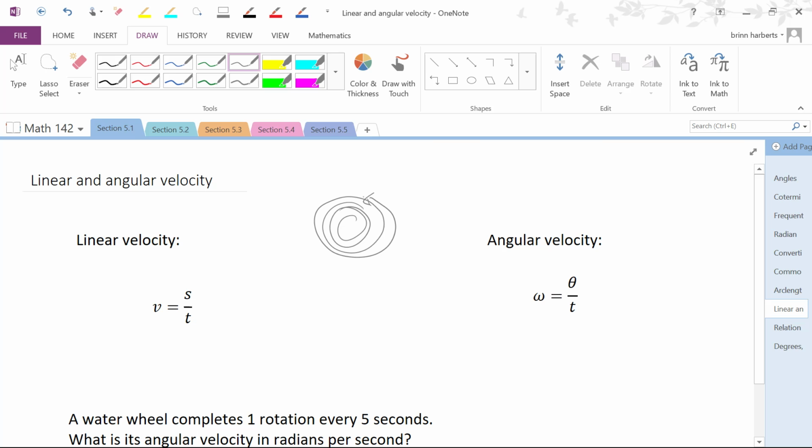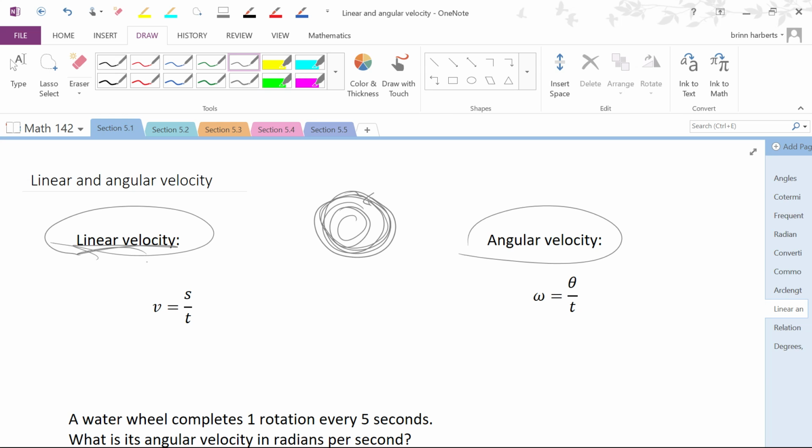Also, I can think about the fact that rotational velocity can be translated into linear velocity. Okay, so there'll be a connection between linear velocity and angular velocity, and we'll figure that out on the next page.